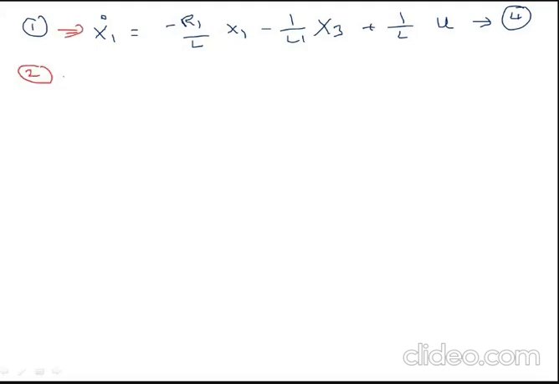In the same way, equation 2 implies x2 dot is equal to minus R2 by L2 into x2 minus 1 by L2 into x3. This is equation 5.